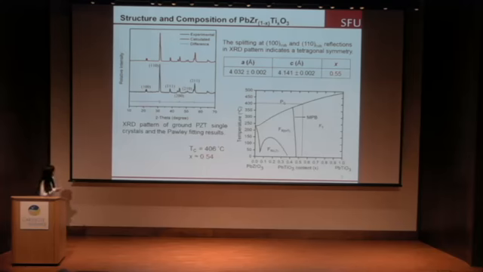We also did dielectric measurement, and the phase transition from ferroelectric to paraelectric occurs at 406 degrees Celsius. According to this well-established phase diagram, the composition is around 54% PT, and the structure should be tetragonal, which is inconsistent with the XRD results.